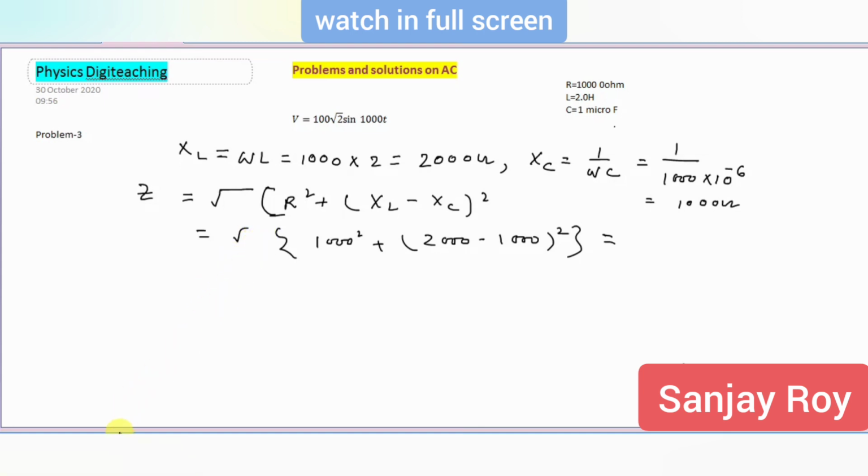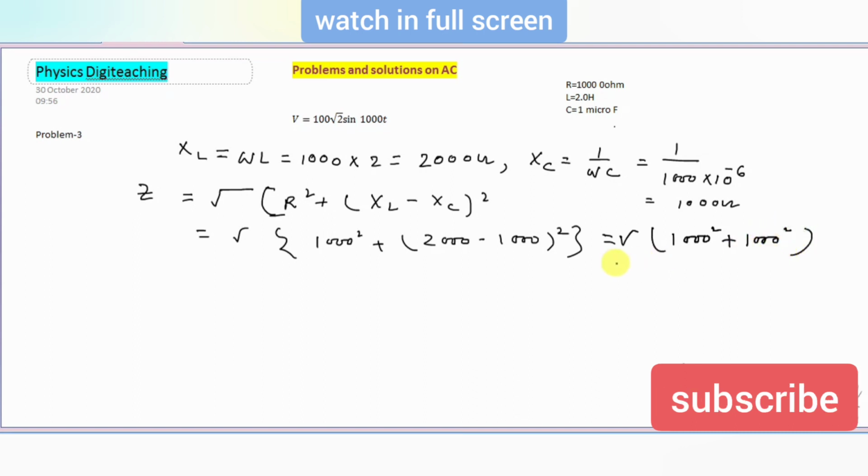Here only root, and we get under root 100 square, 1000 square plus 1000 square, and this gives the value of Z equal to 1000 into root 2 ohm.